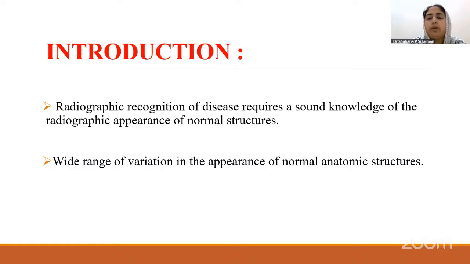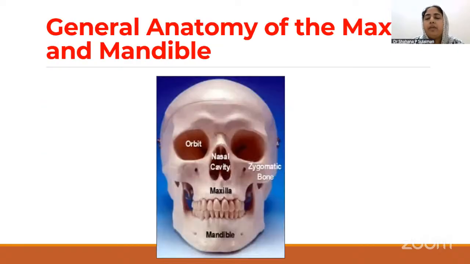So you should be able to correlate it with the clinical picture and identify whether it is a normal anatomical landmark or a pathology. If you are familiar with the gross anatomy of the skull, which is studied from the first year itself, it is very easy to study these landmarks.